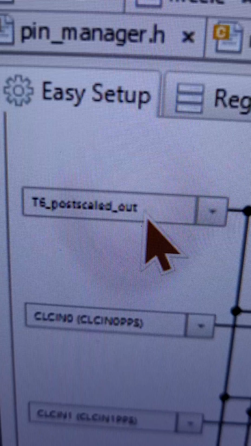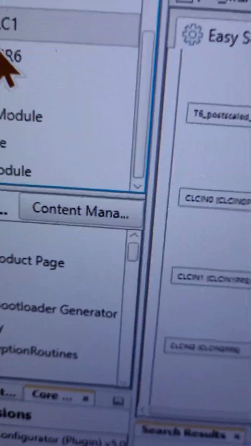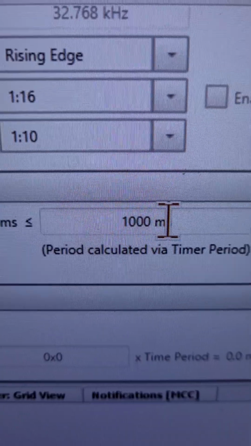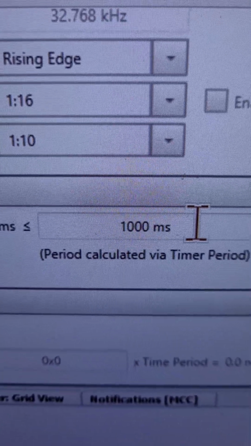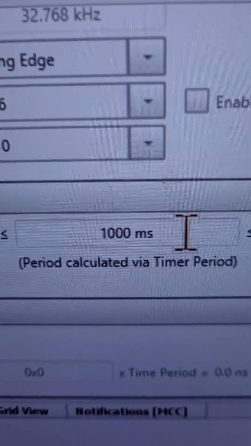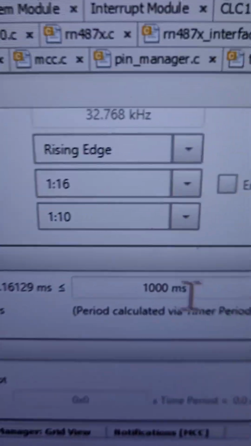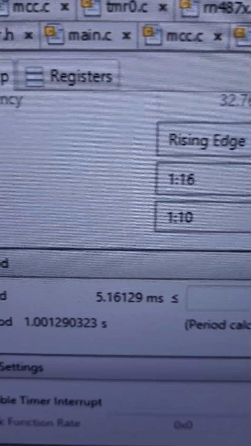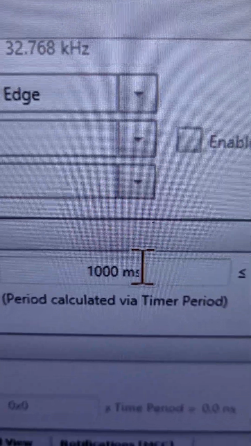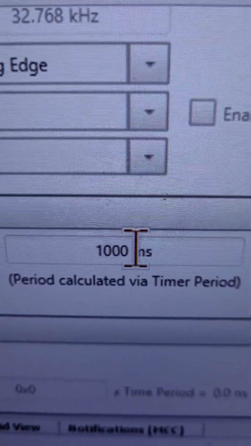Timer 6 is set to provide a square wave with a cycle period of 1 second. Sorry, not duty cycle. I've been using duty cycle a lot nowadays, so it's on my tongue. It is actually a cycle, a square wave.